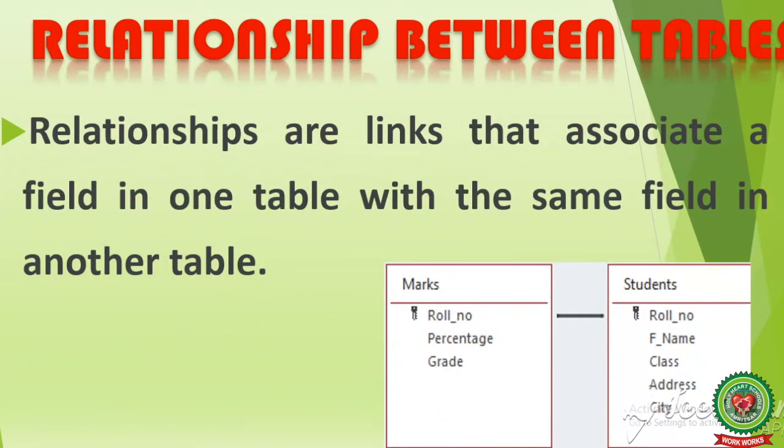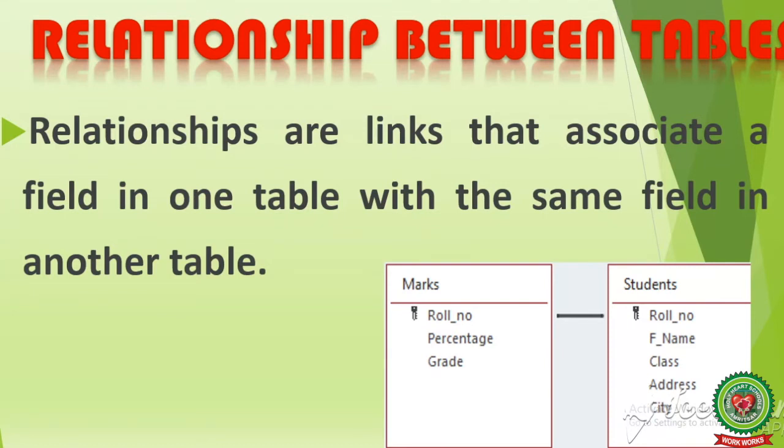Next is relationship between tables. Now, what is a relationship? Relationships are like links that associate a field in one table with the same field in another table. In Access, you can store data in multiple tables. Now you want to bring that information together.